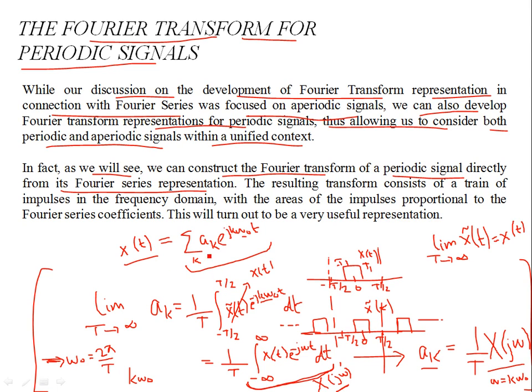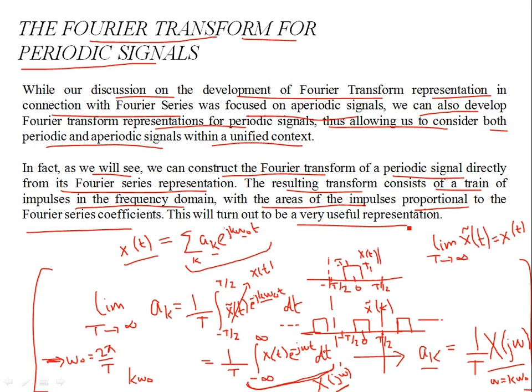You will see that for a periodic signal, the transform consists of periodic impulses in the transform domain, and those impulses will have areas, or strengths, proportional to the Fourier coefficients a_k. So the resulting transform will consist of a train of impulses in the frequency domain with areas proportional to the Fourier series coefficients. This will be a very useful representation.